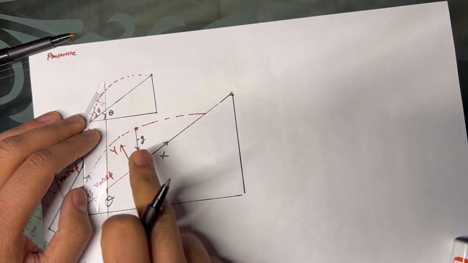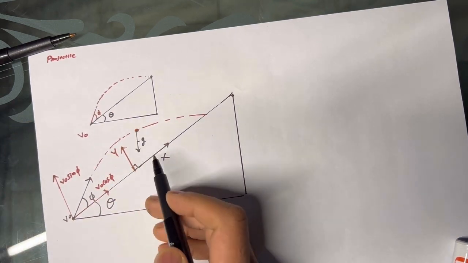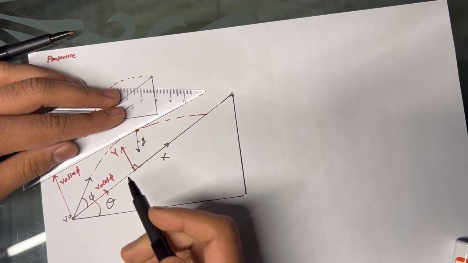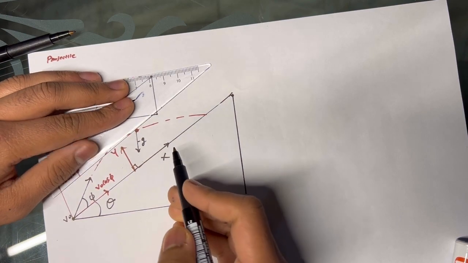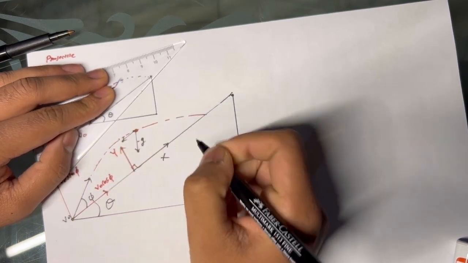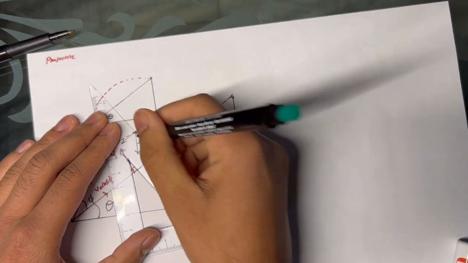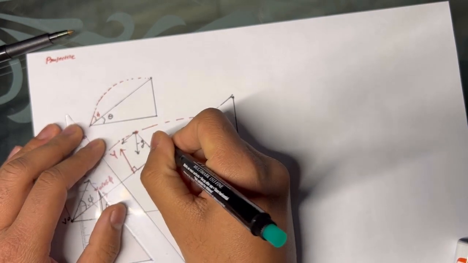But here the projectile is not only facing this, the g will also be broken down into two components. The first component will be parallel to the x-axis, and the second component will be perpendicular to the x-axis, which will be here. Negative g.